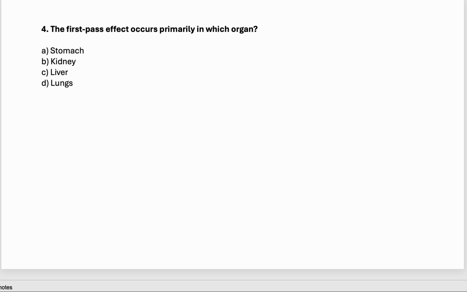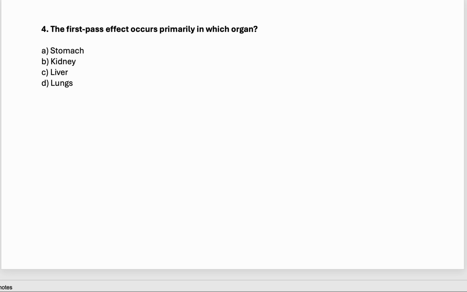Yes, the liver is the main area of metabolism, but first pass effect. Metabolism starts when the drug is administered. Think about the oral drug. The first pass effect we discussed, right?